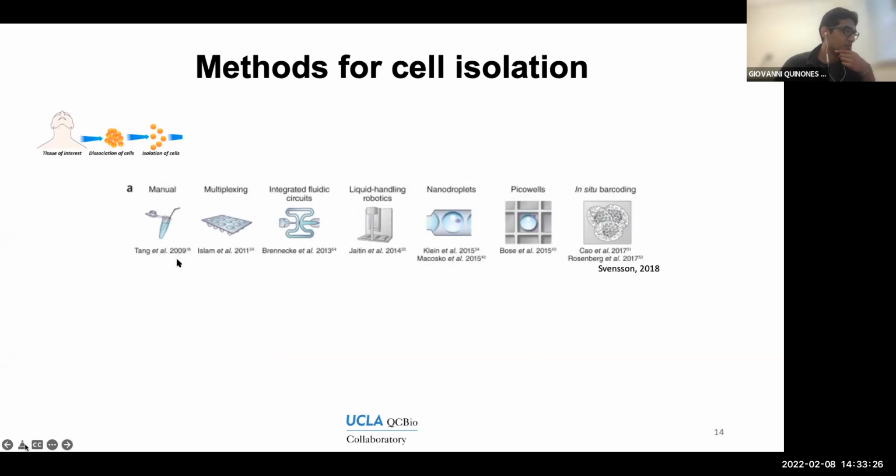Starting with 2009 with Tang et al., if you remember, this was the group that managed to sequence RNA from one individual cell. And the way this was done, like I mentioned, was using serial dilution, which is a more manual approach to identify the cells.